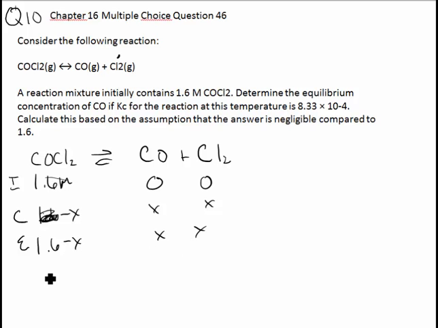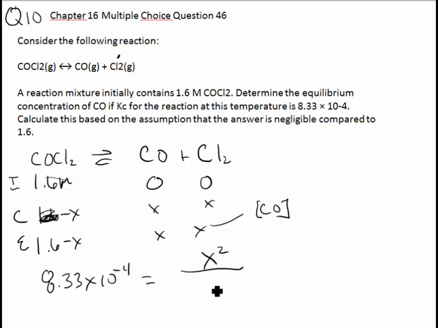And so our K is given at 8.33 times 10 to the minus 4th, and that's going to be equal to X squared, or remember X is equal to the concentration of CO, that's what we're solving for, over 1.6 minus X. And we are told up here the answer is negligible compared to 1.6.